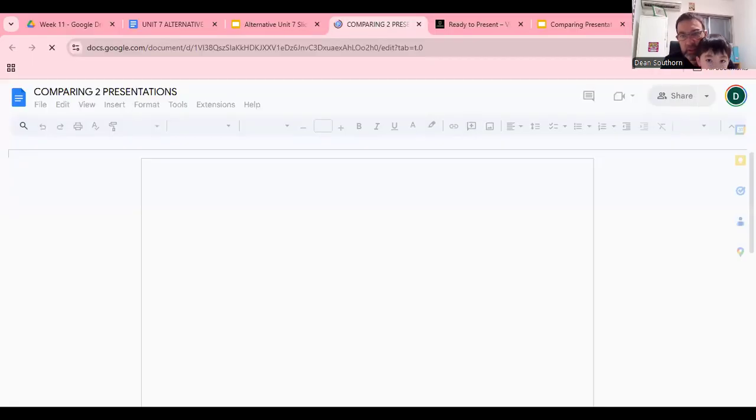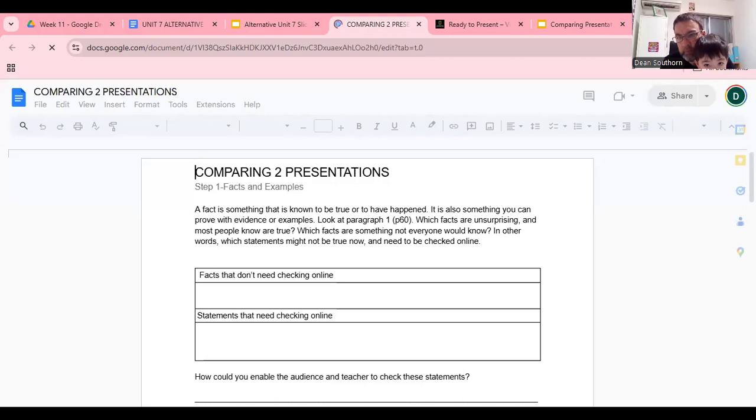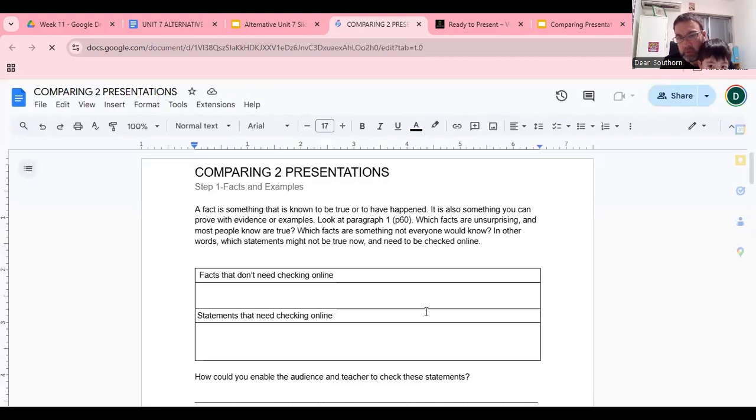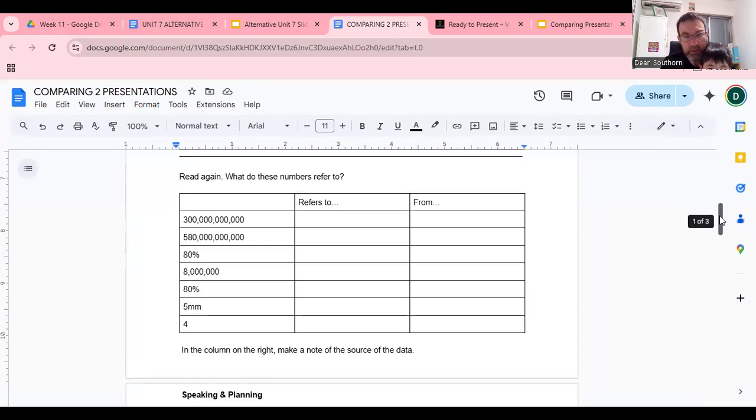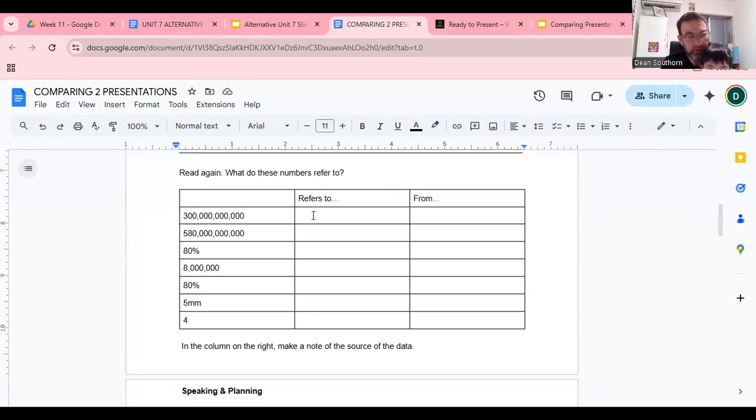Okay, so if you have a look at the worksheet, hopefully you downloaded this one, when it comes to these numbers, you would be able to check the transcript and say, this was pet bottles in 2004, right?